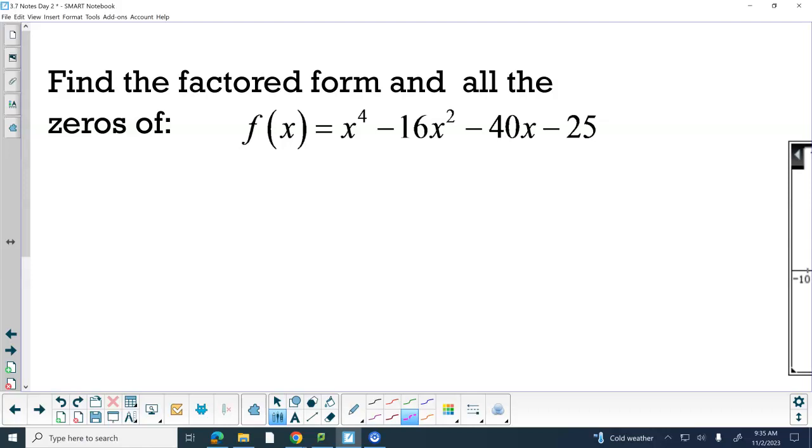How do we start this problem other than writing it down? Find the possibles. Okay. So what are factors of 25? 1, 5, 25.